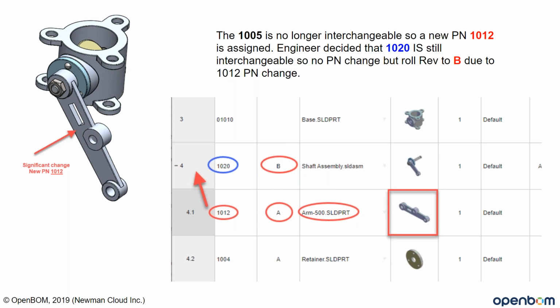And what we say to ourselves is, yeah, the upper level assembly is definitely feeling some impact. So my 1020, which we've agreed is going to be interchangeable for the rest of the upper level assemblies, I certainly want to make a change to that one to Rev B. I can't reach into the box and pull out a 1012 and have it replace the 1005, so that assembly needs to change.